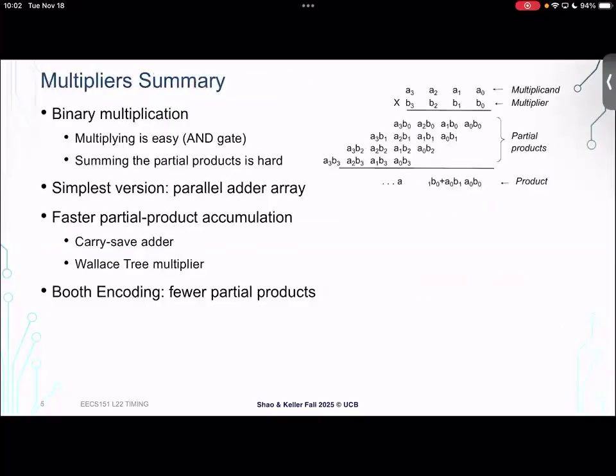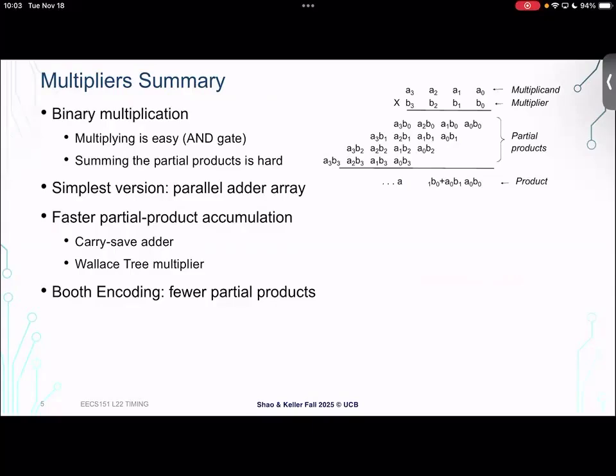Okay, so let's wrap up multipliers. We talked about binary multiplication, the same technique fundamentally as what you learn in elementary school, just with bits instead of base 10. We saw that multiplying is actually very easy. It's just an AND gate for 2 bits, but summing the partial products is the hard part. You can build a simple version that's just a parallel array adder, but it's going to be quite slow.